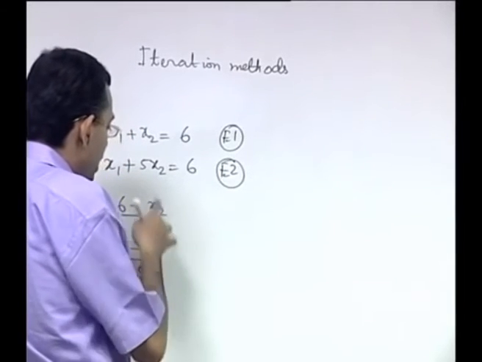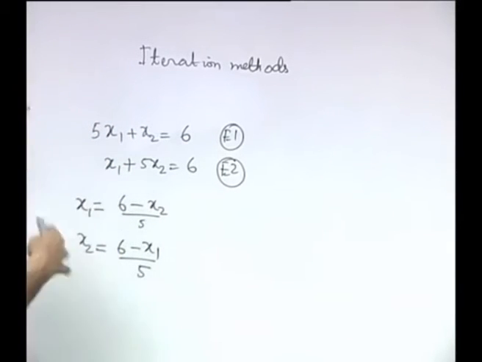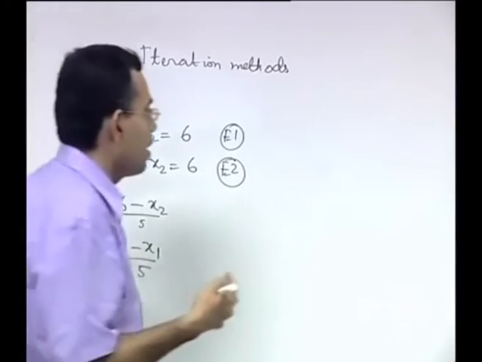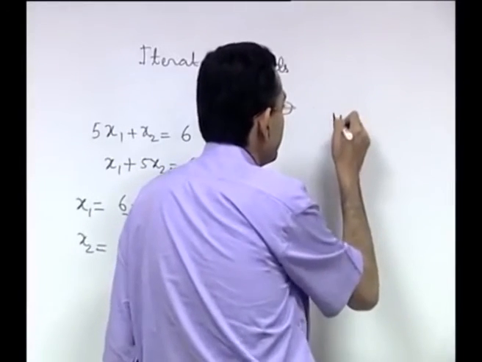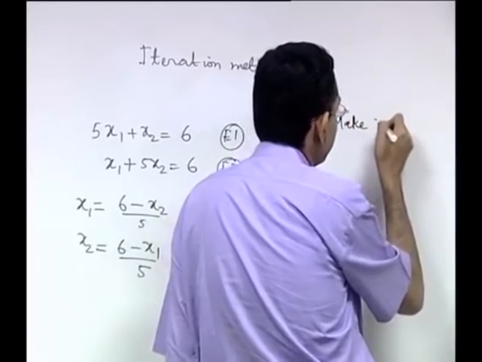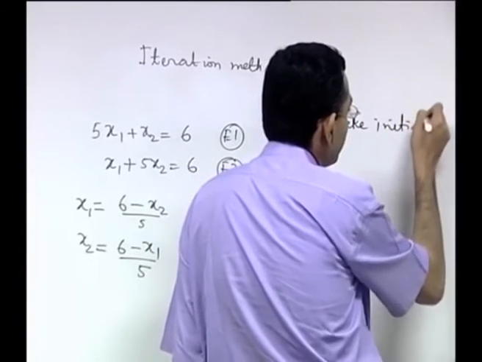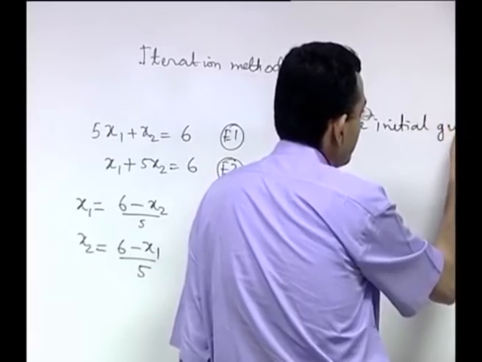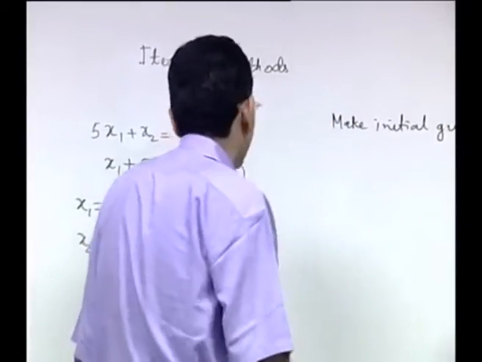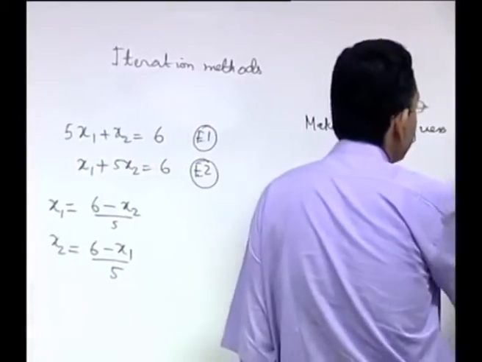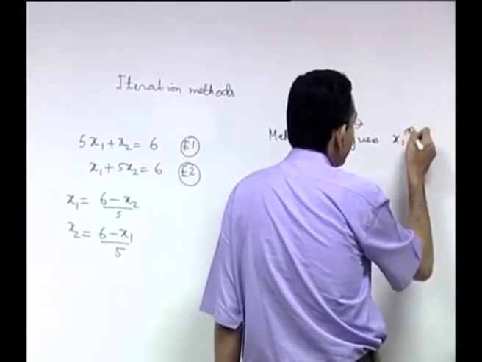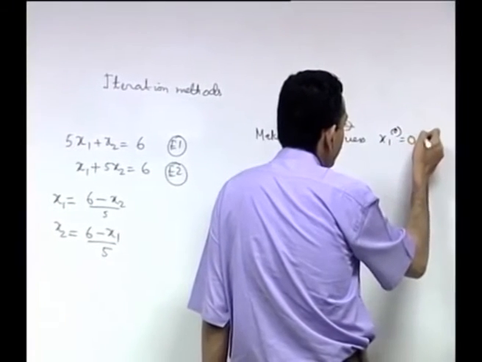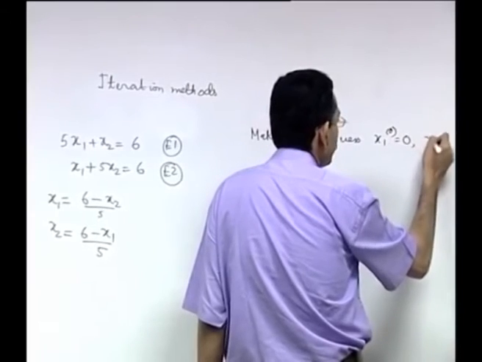Now to begin with, you do not know what is x1 or what is x2. So let us say that you make some initial guess, say x1 0 equal to 0 and x2 0 equal to 0.